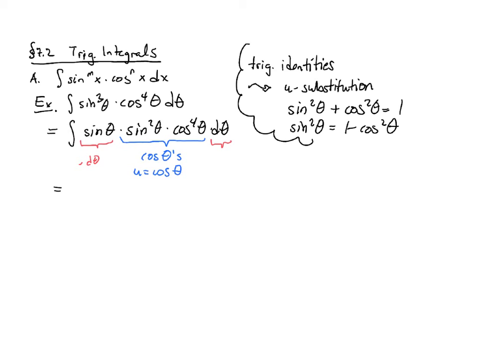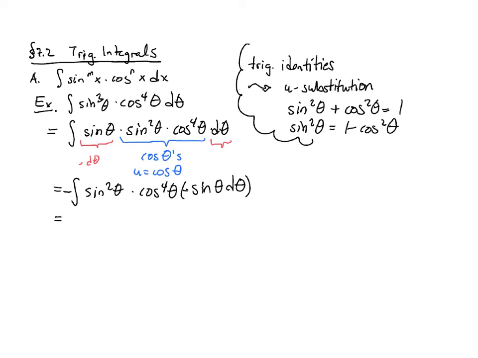So we're going to rewrite this as, I'm going to move this sine theta over with the d theta. So, yes, we'll rewrite this as sine squared theta cosine to the fourth theta times sine theta d theta. And now let's give that sine theta d theta a minus sign. So I need a minus sign out front here.